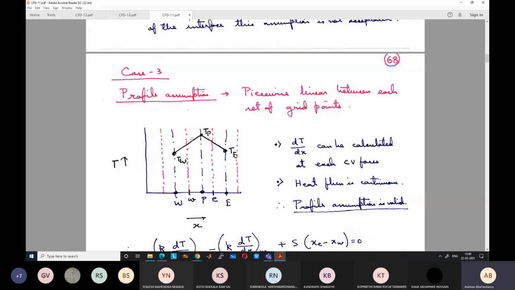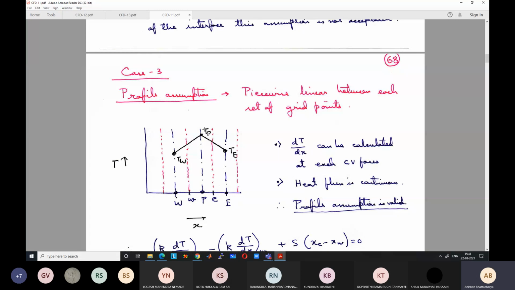One very important point to remember here is that we are taking this assumption just for the sake of discretization. Ultimately we will only have the temperature values at the grid points W, P, and E. So we will only have TW, TP, and TE. We will not have any variation between them.